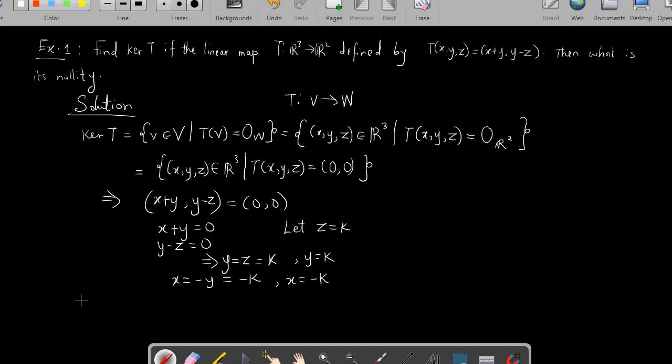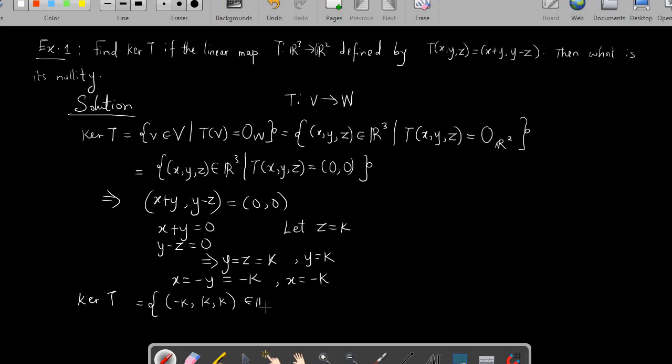You now come back to your kernel equation. You now say kernel of T equals to, now the reason for doing z as k is because we want to write all the coordinates x, y, and z in terms of k, right? So we can bring k out as a constant. So what are we saying in essence? Our kernel of T now, let's come back to this equation, is what? x, y, z, where our x is minus k, the y is k, and your z is k. z is k, y is k, x is minus k, right?